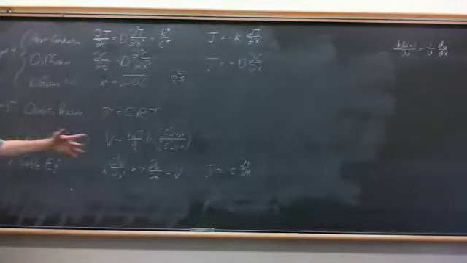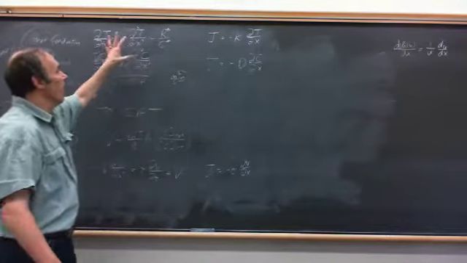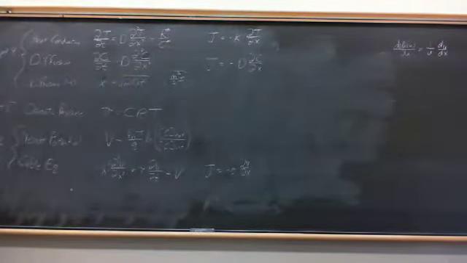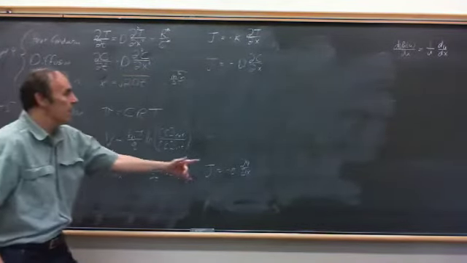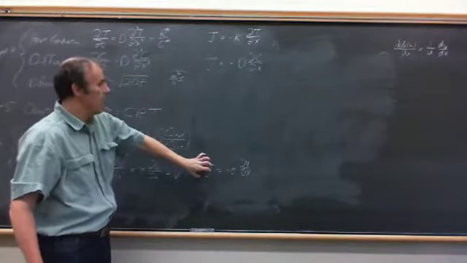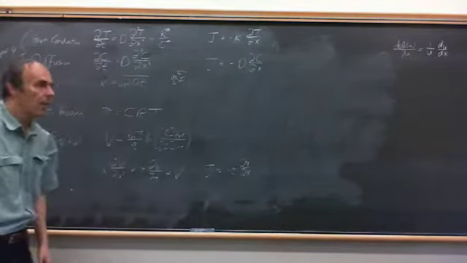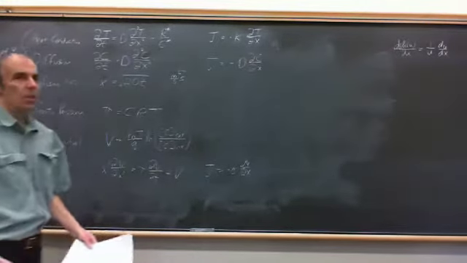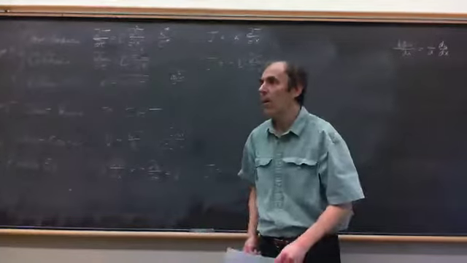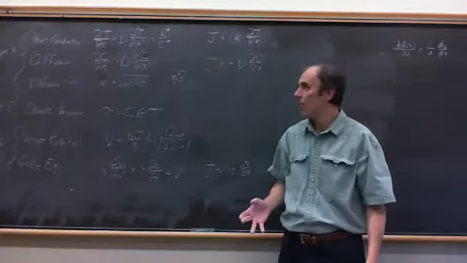I view these as intermediate steps in the derivation of these equations, but you should remember them. These all have exactly the same form: a current density is some constant times a gradient of some variable. Those are the equations you have to know and memorize, basically.